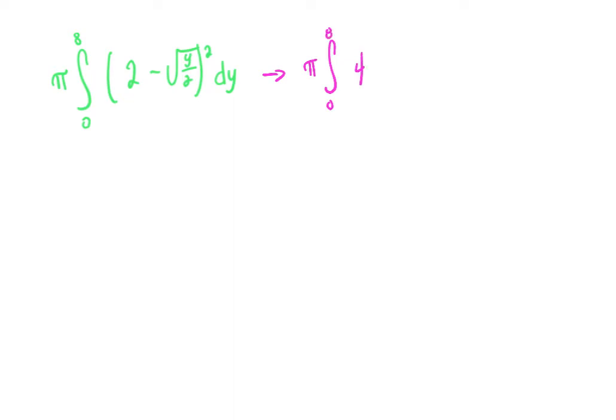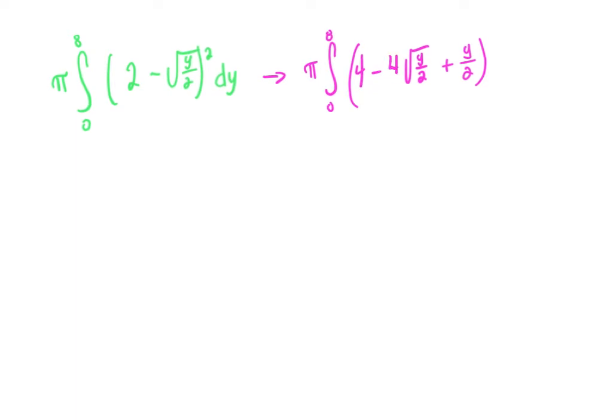And so I'm going to FOIL this. That should be a 4. There's 2 of those. And then now I'm ready to take my antiderivative.